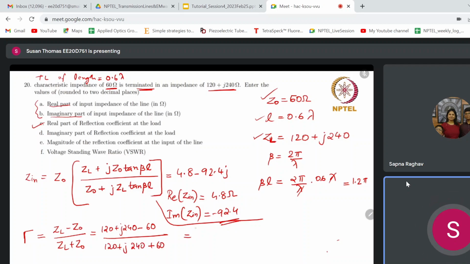So this comes out to be 60 plus j240 divided by 180 plus j240. If you simplify this, you can calculate gamma.